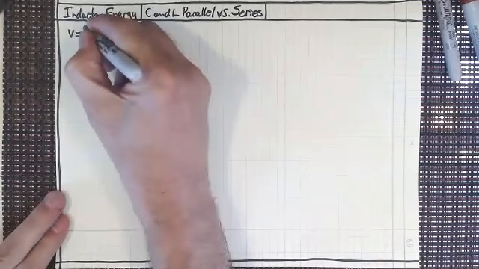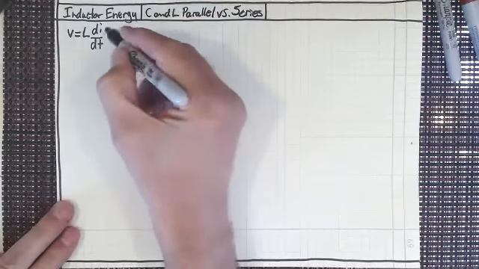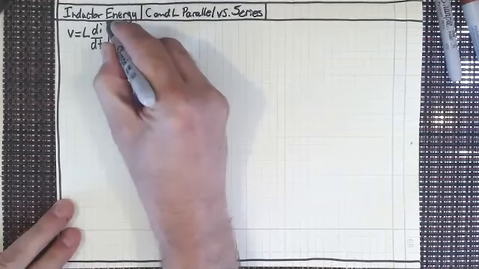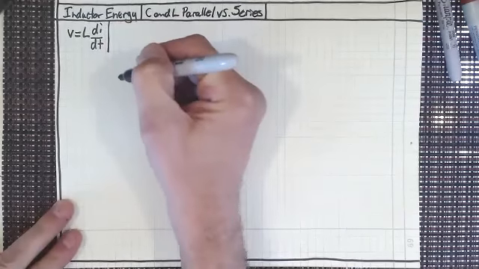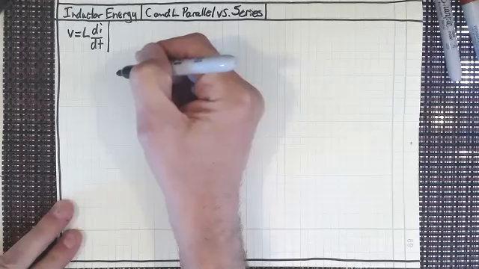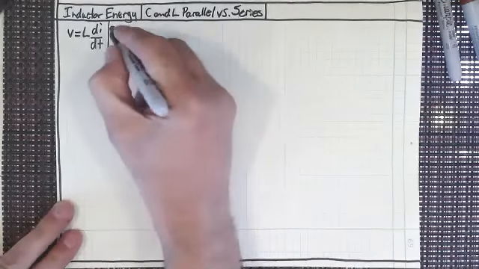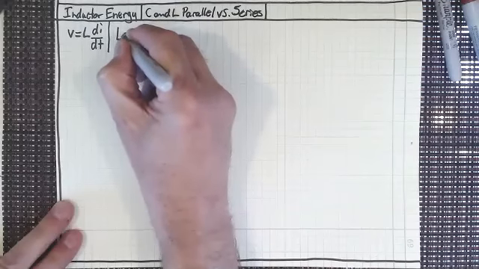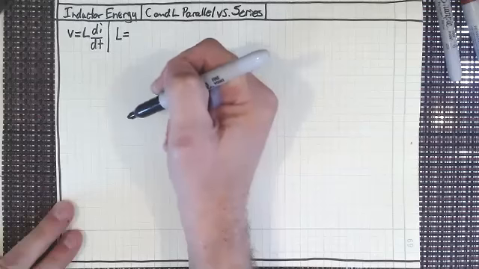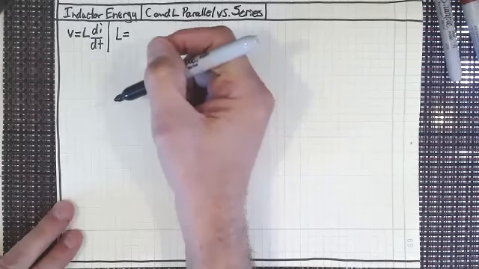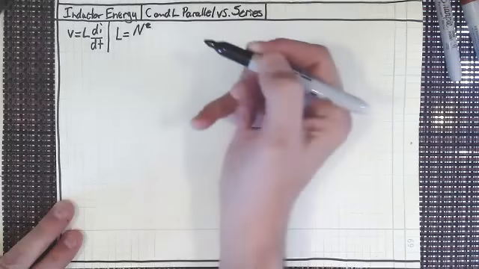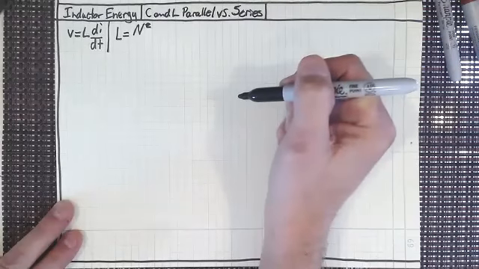Now, the other thing that I just want to point out is that for inductance, if I'm looking at a coil, a choke, an inductor, all three of those are the same things, as you know. I described that in the last lecture. Inductance, if I wanted to find out the inductance, I would look at the number of turns in the inductor squared.